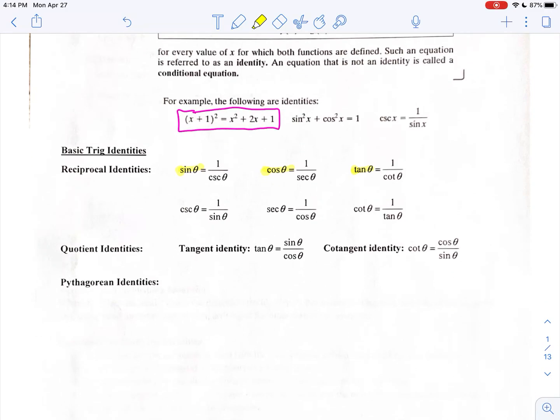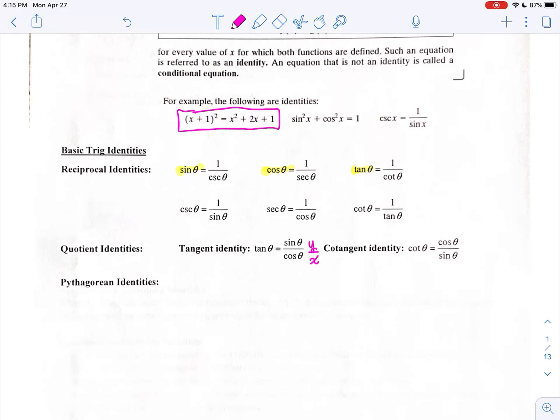Now these are quotient identities, which we know are true because of the relationship that we studied in the last chapter. Tangent, we had talked about being opposite over adjacent, which ended up being your y value over your x value when we're looking at an angle in standard position.